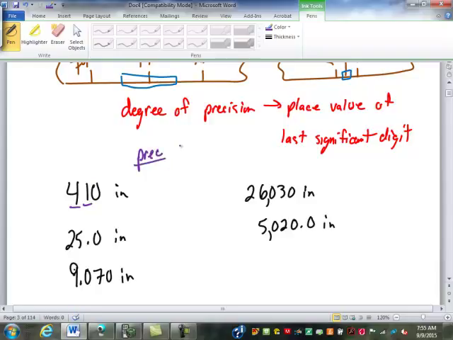So it's necessary, which means it's not significant. I know that's confusing as heck, isn't it? Necessary is not significant. I mean, it would be there whether it was part of the measurement or not, is what I'm saying. So it has to be there as part of the number. So unless it's indicated, it's not part of the measurement.